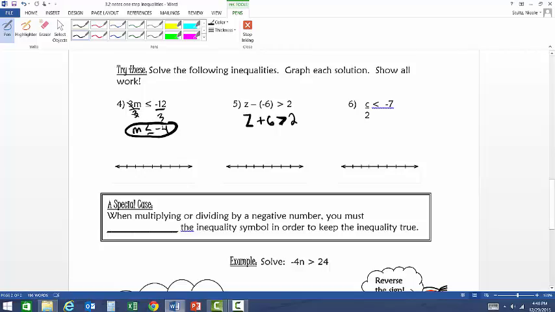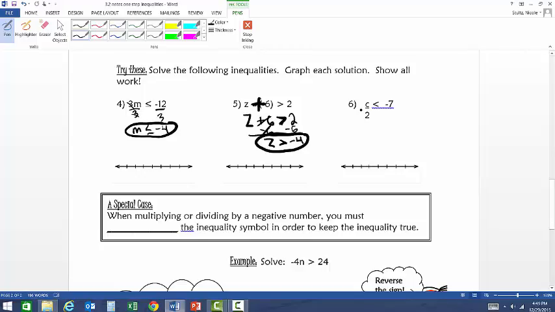Now, number 5, you want to be careful. It is saying minus a negative 6. That's the same thing as just adding regular 6. And in number 6, the key is realizing the letter C is being divided by 2.